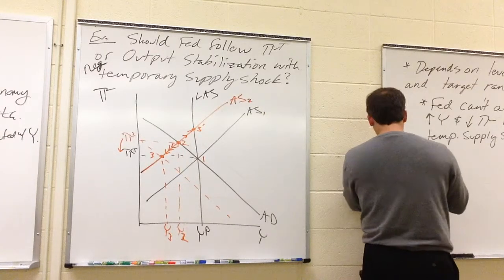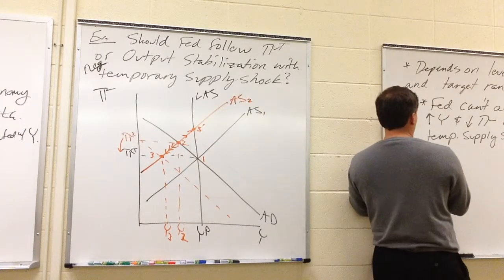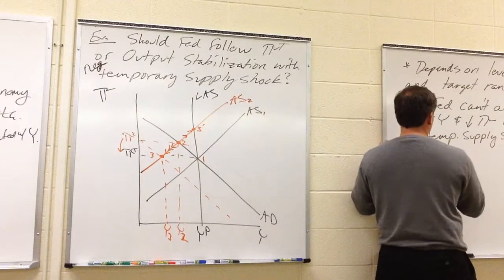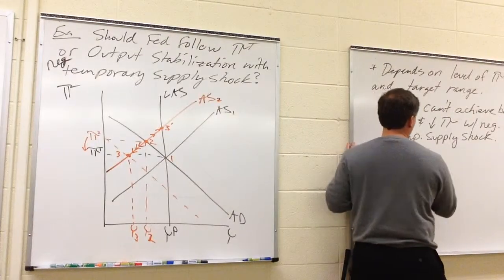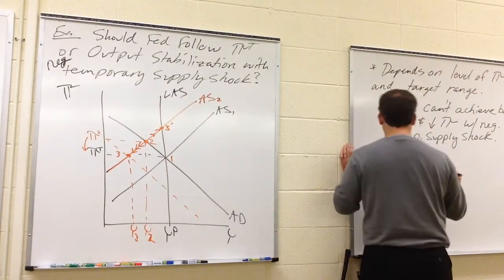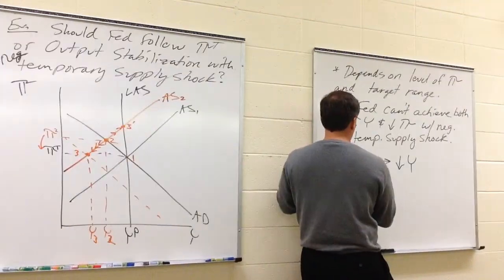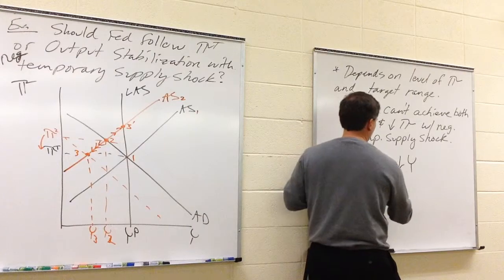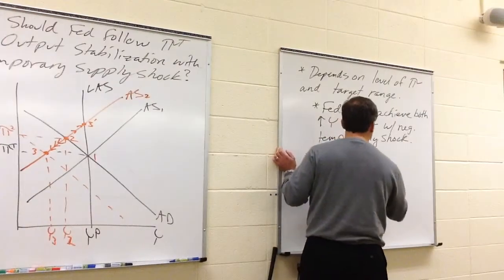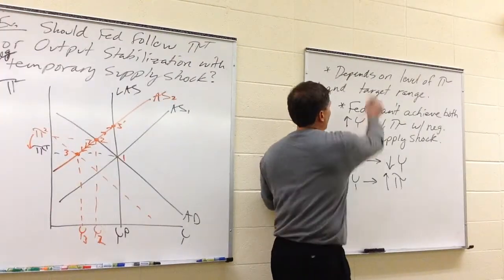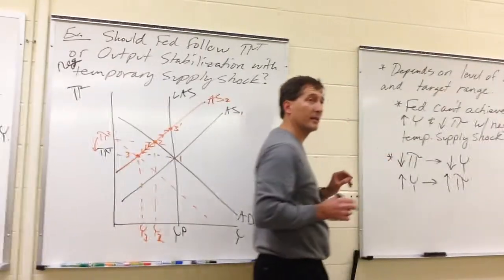And just to further that, decreasing inflation leads to a decrease in output. An increase in output leads to an increase in inflation. So the Fed can't win, no matter what policy they're following.